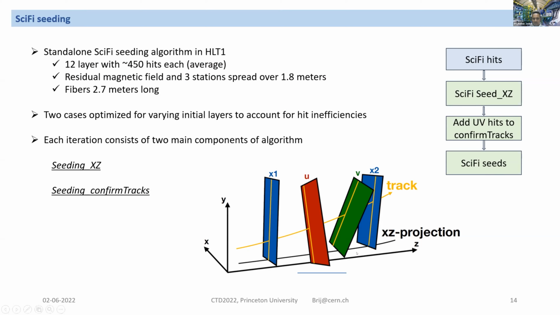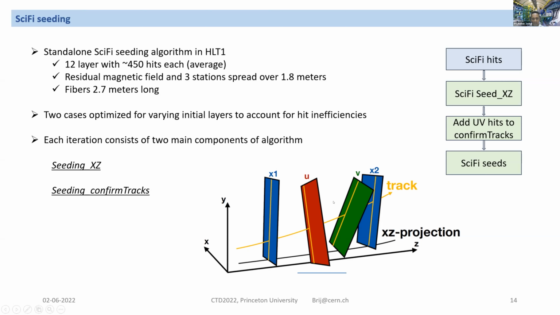In this illustration, it is shown how the geometry of these layers is cleverly organized so that we get the Y information by this 5-degree rotation of the UV layers.